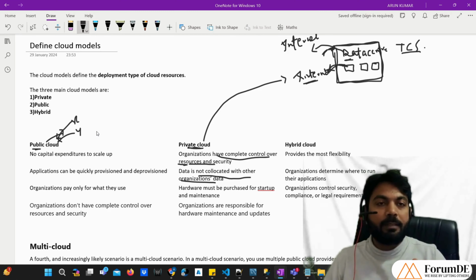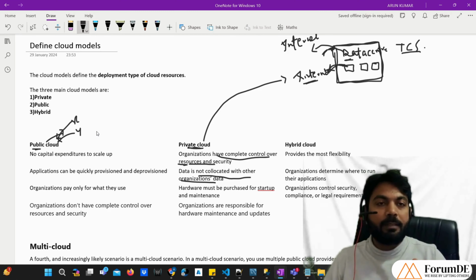But in the case of a private cloud, the data of different organizations is not co-located, because it is specific to one company. A company has built a private cloud for its own use, not for others' use. That's why it is not co-located.